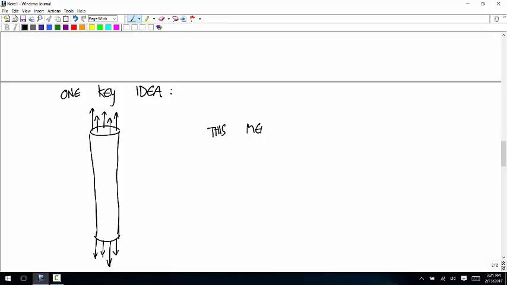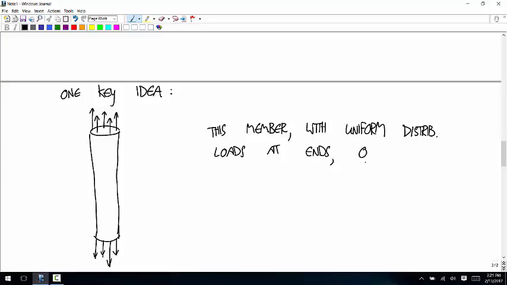This member with uniform distributed loads at the ends qualifies.